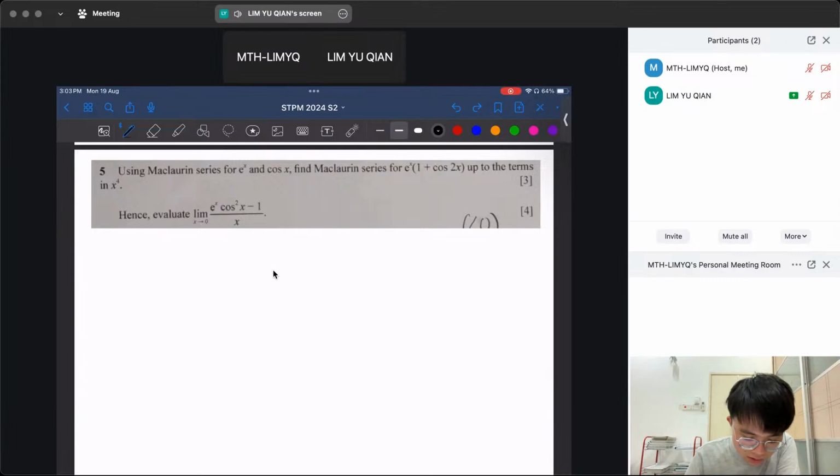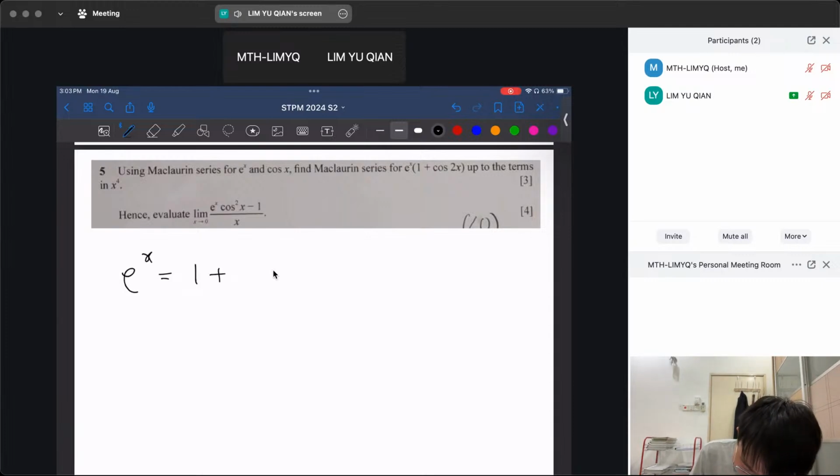Using Maclaurin series for e^x and cos x, find the Maclaurin series for e^x multiplied by (1 plus cos 2x) up to the term in x power 4. Let's write out our standard series: e^x is equal to 1 plus x over 1, plus x squared over 2 factorial, plus x cubed over 3 factorial, plus x power 4 over 4 factorial, plus dot dot dot.